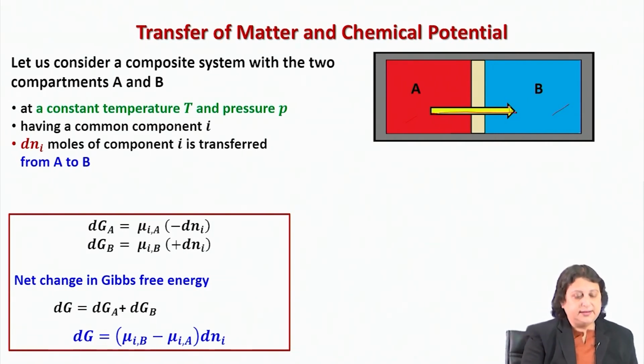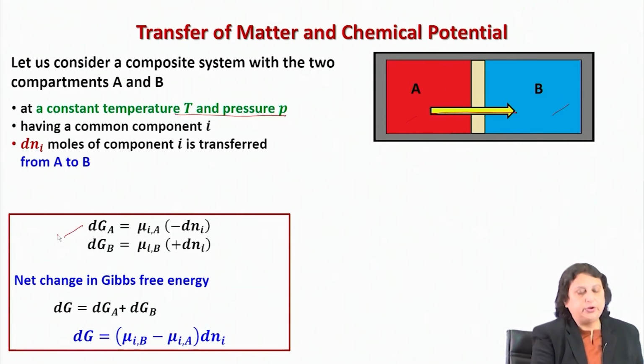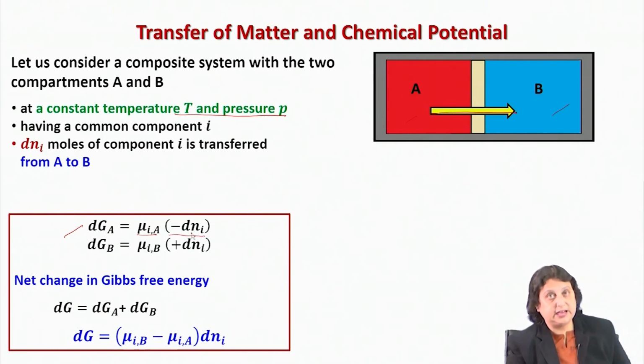At this given temperature and pressure, dGA is going to be mu IA into minus dni, because it has lost dni moles of the ith component.